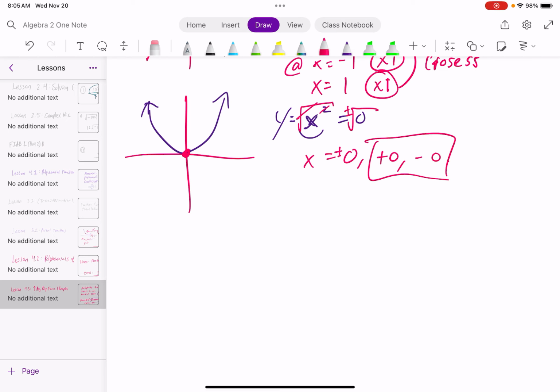These are your results. So the multiplicity, right? This is the same number happening twice. So this multiplicity is times 2, which is even, and so it bounces.